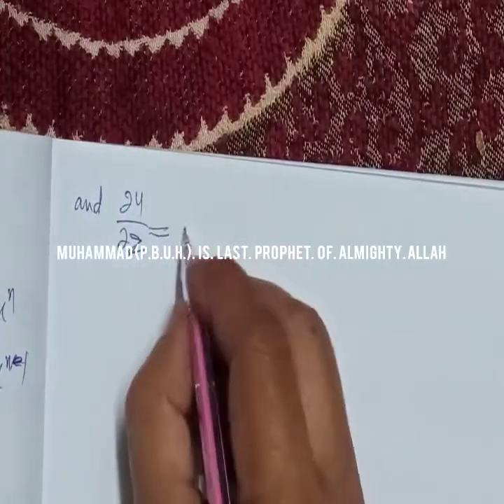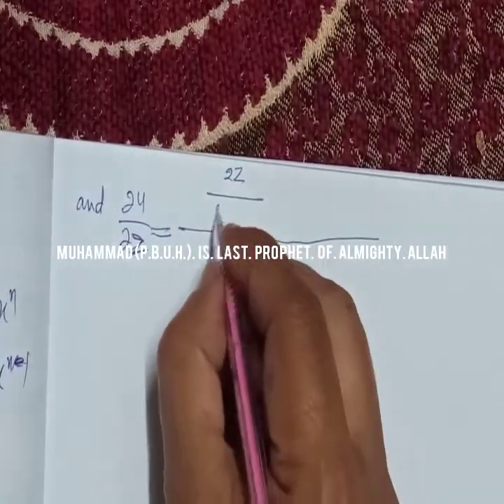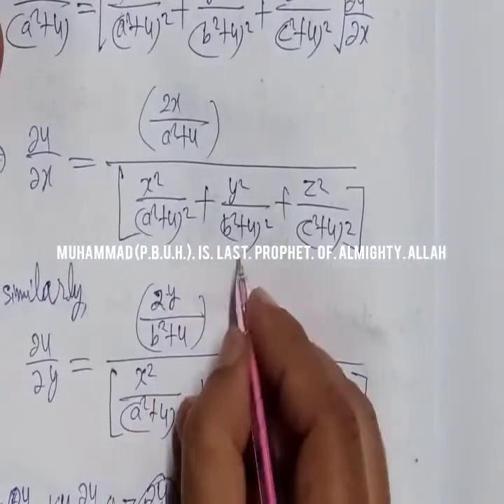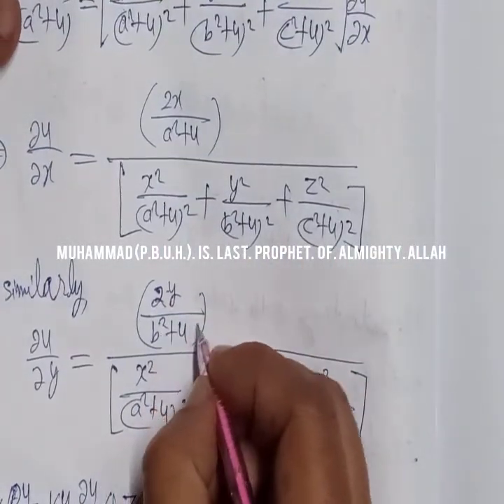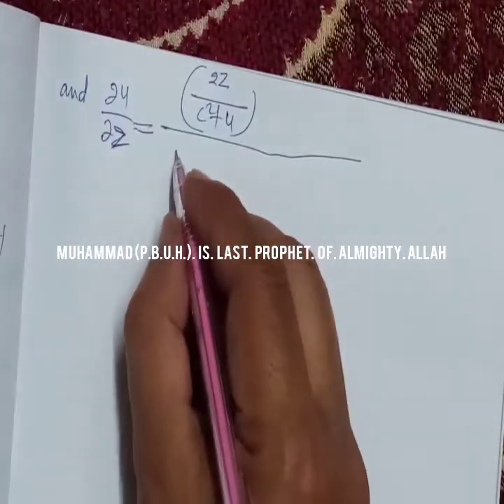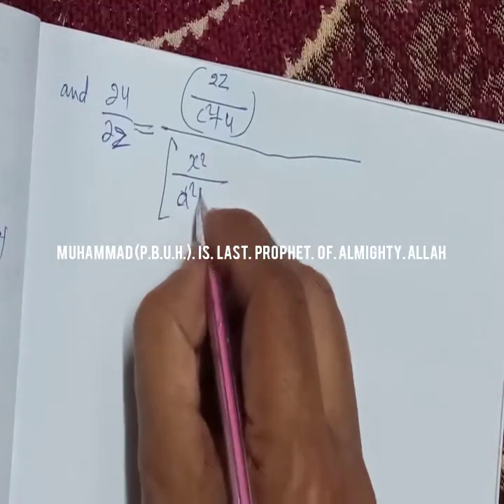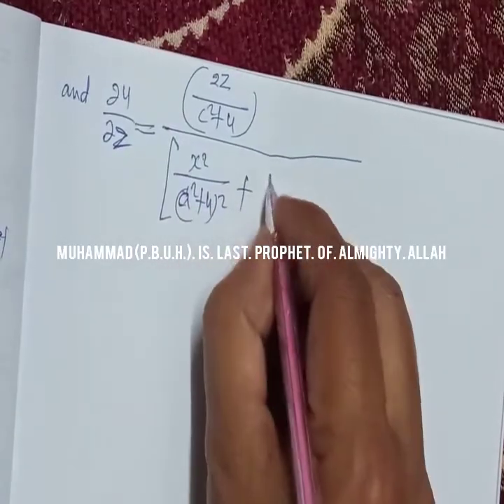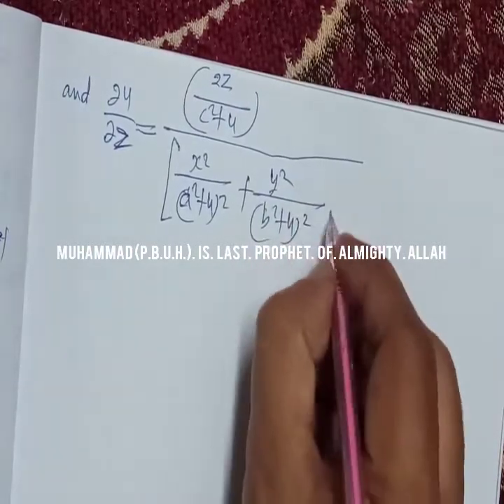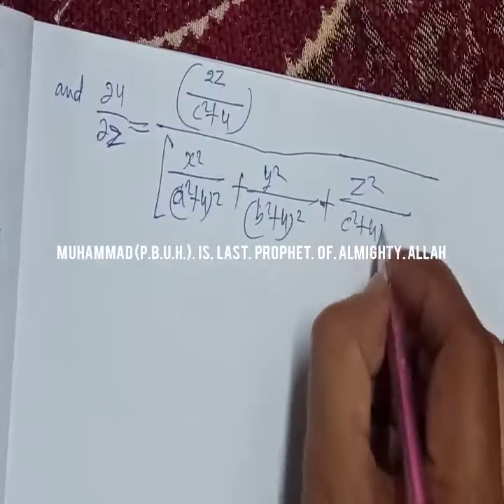I made a mistake here: it is 2z over c square plus u, because y is replaced by z and b is replaced by c. All these values are the same. We can write it as x square upon a square plus u whole of square plus y square upon b square plus u whole of square plus z square upon c square plus u whole of square.